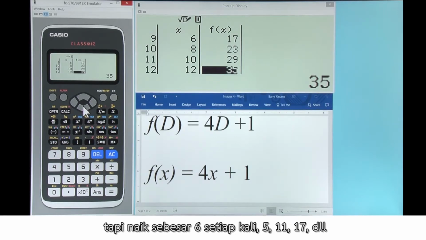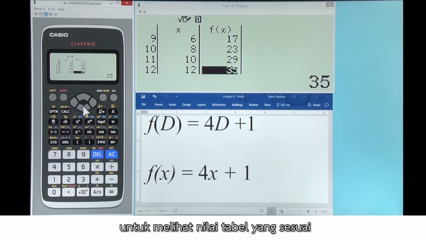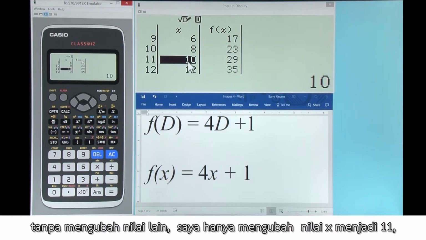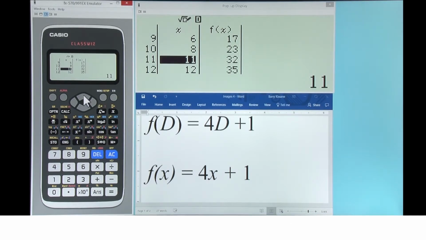etc. So once the table is displayed, you can change the individual x values to see the corresponding value of the function. So if students wanted to know, for example, what's the value of the function when x is equal to 11, I've highlighted another value, I'm simply changing it to 11, and the value of the function is 32 in this particular case.